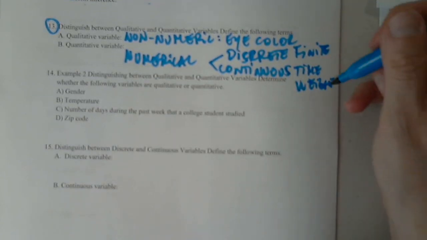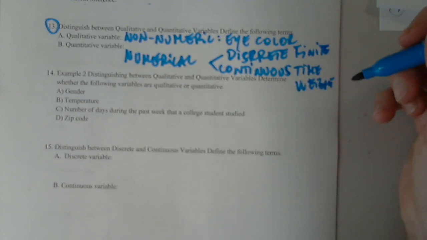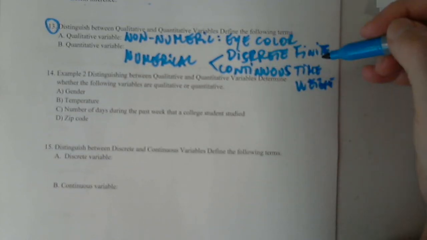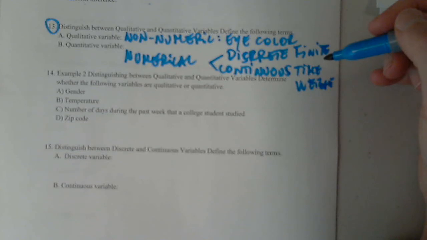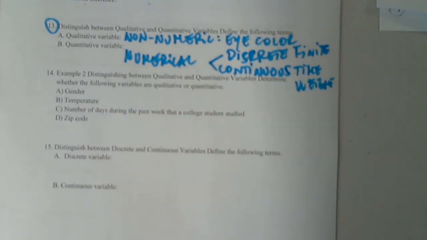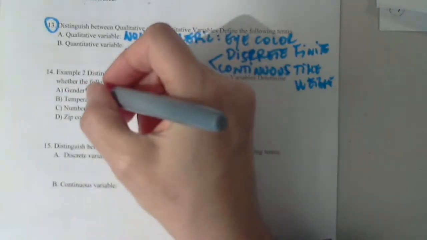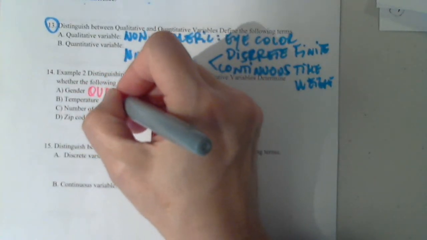Because remember, they can be 1.2, 1.295, but discrete cannot be 1.295. So gender, what will you say gender is? Gender, first of all, is qualitative because we cannot perform any operations. That's why we need to talk about all these things, right? So gender is qualitative.